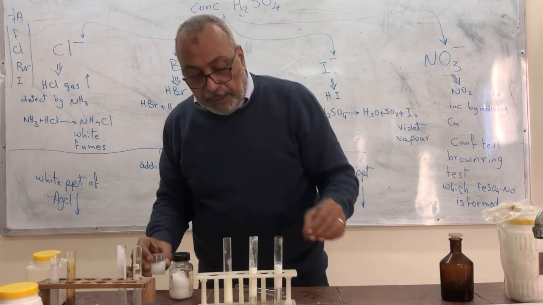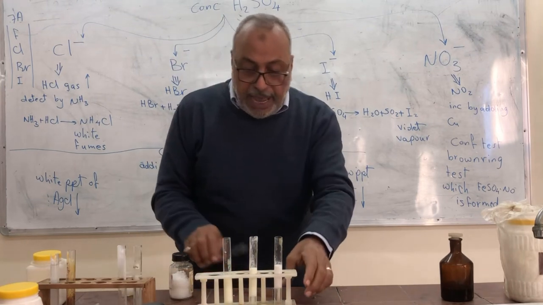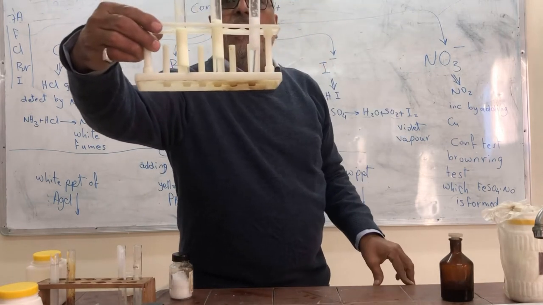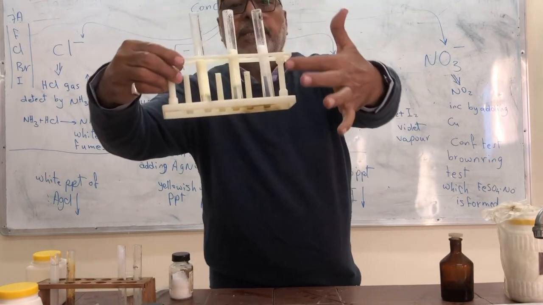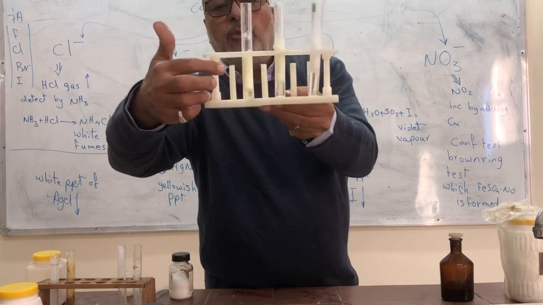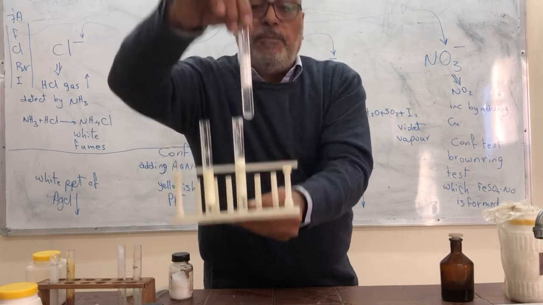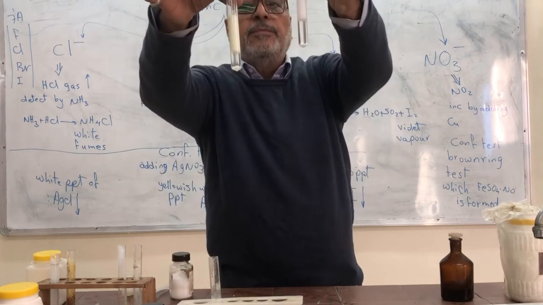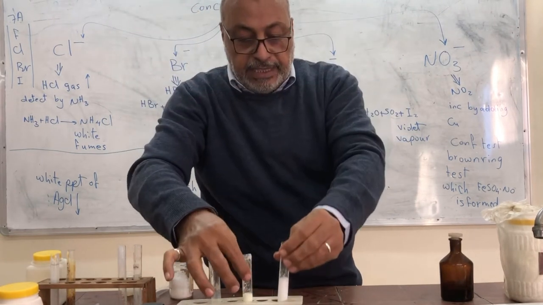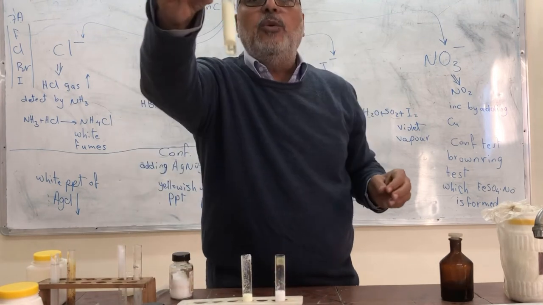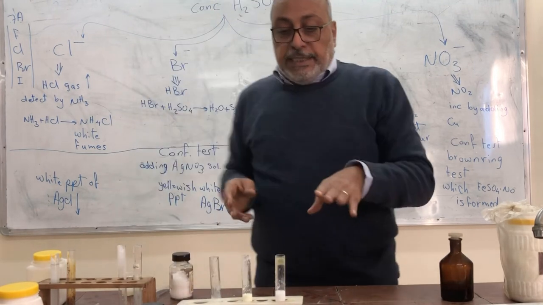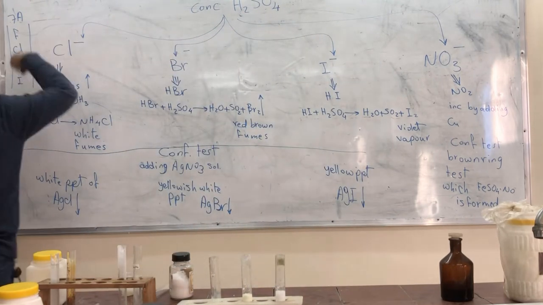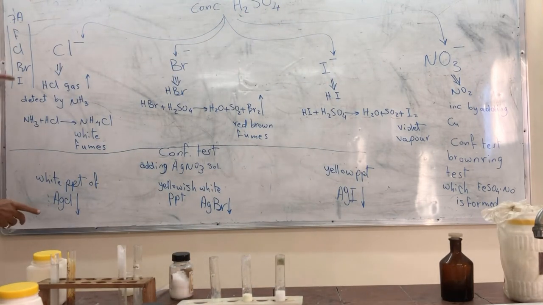The three experiments are very clear and prove the presence of chloride, bromide, and iodide. White precipitate, yellowish white, then yellow. They are graduated in their colors because they are in the same group, group 7A.